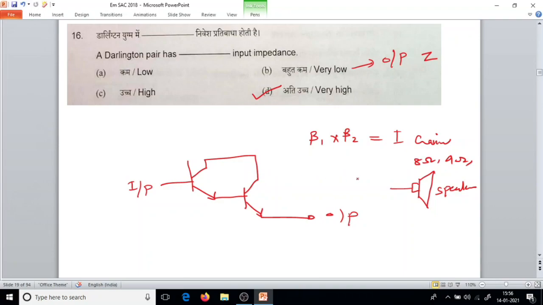So for maximum power transfer, we need a low output impedance. If 8 ohm is the output here, then it will match with the speaker. So it should have a very low value.